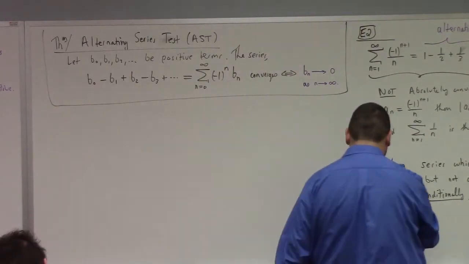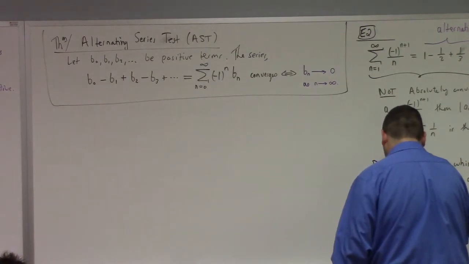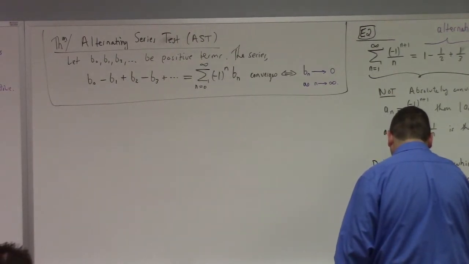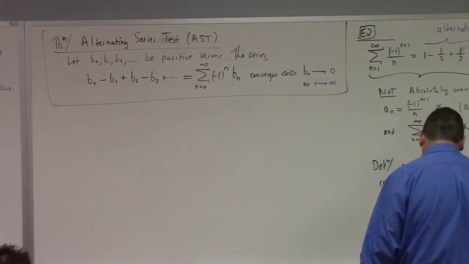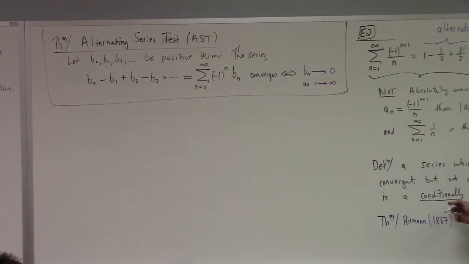Theorem. This is Riemann, 1867. He proved that you can take a conditionally convergent series, and you can shift terms around.